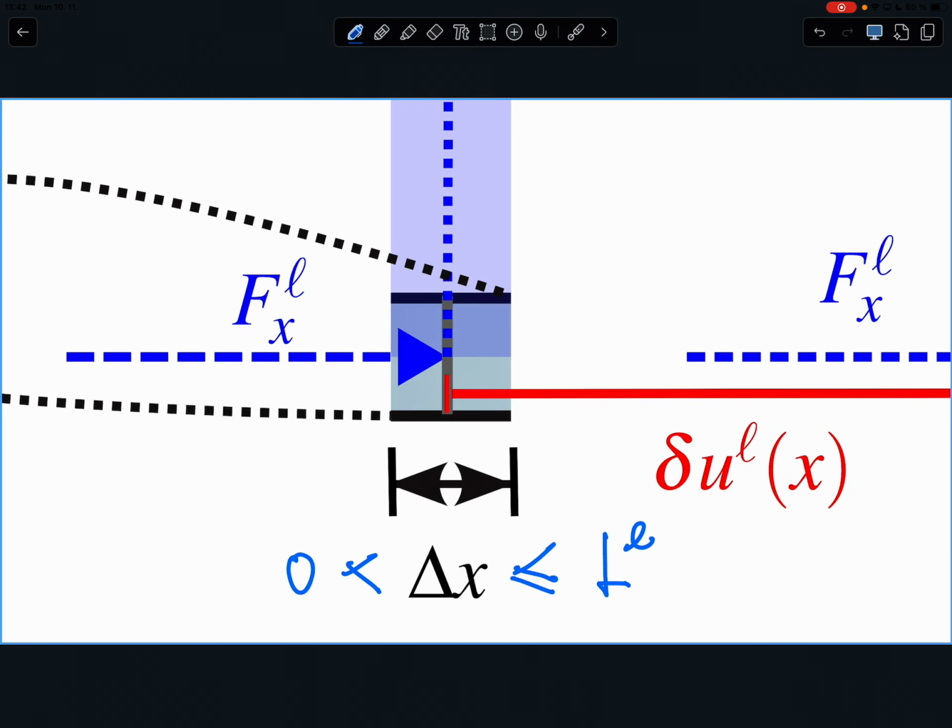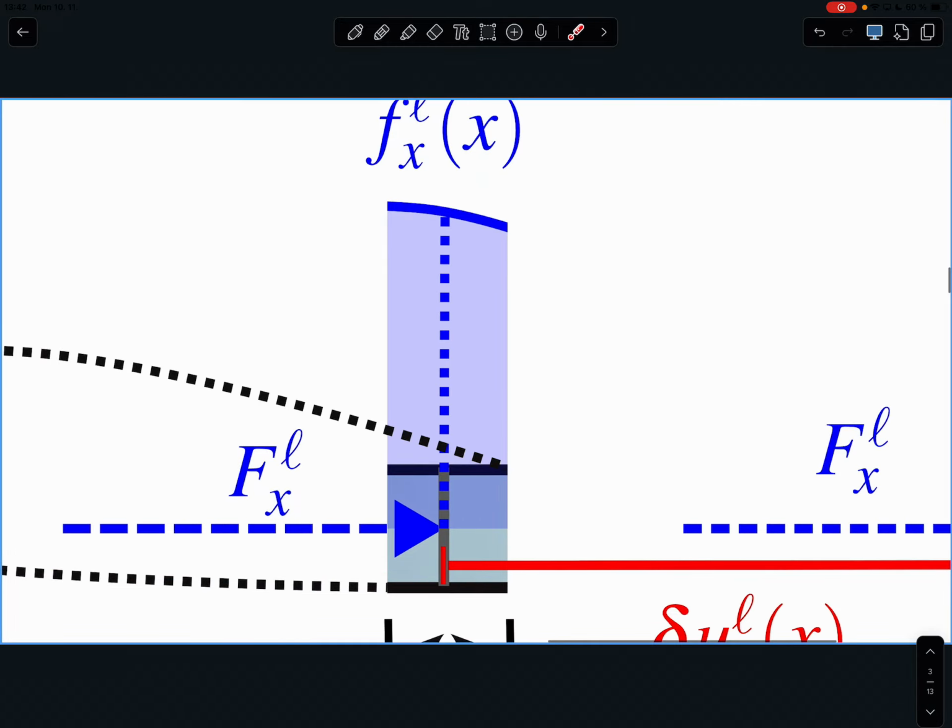The first one is that if this length is sufficiently small, then I'm making a negligible error in approximating this arbitrary distributed load or its intensity by a constant value.